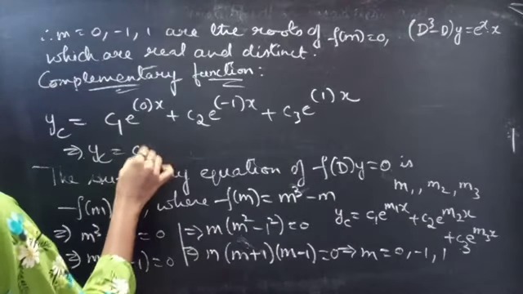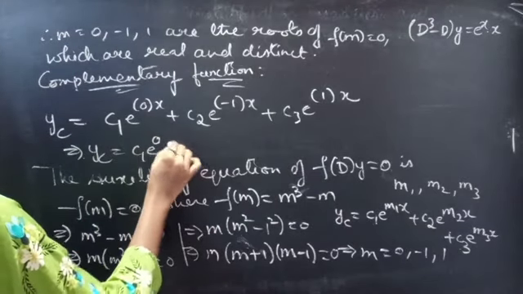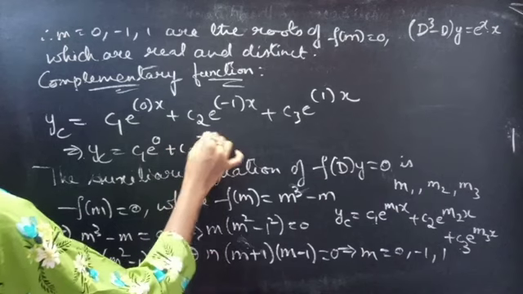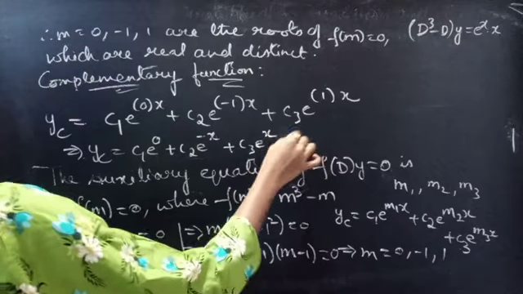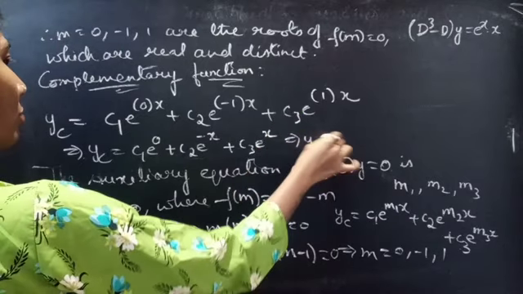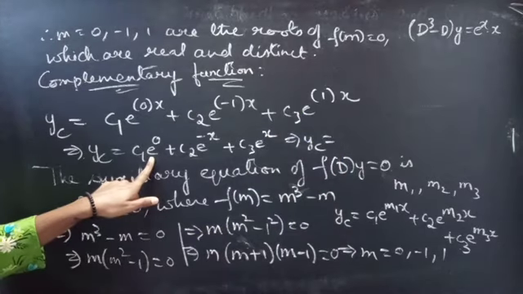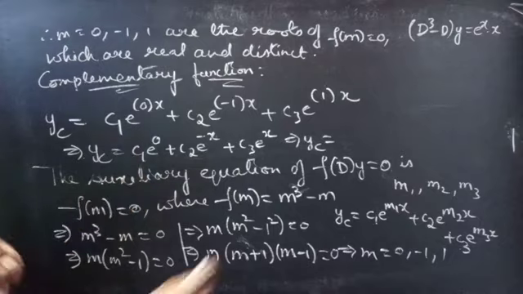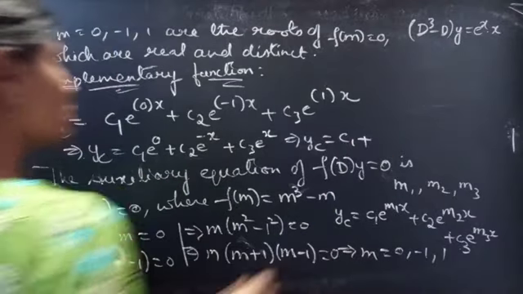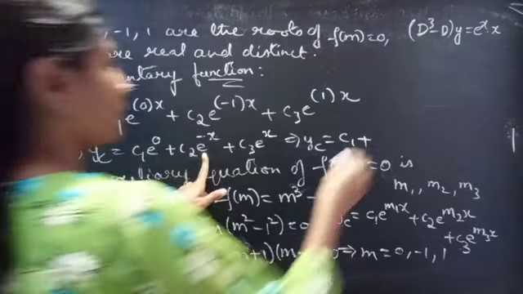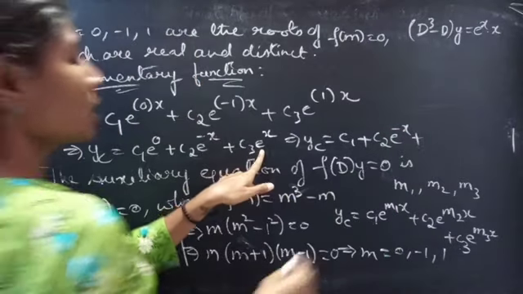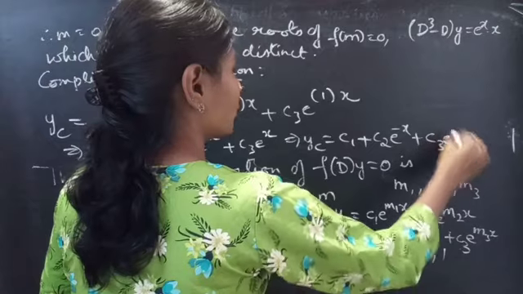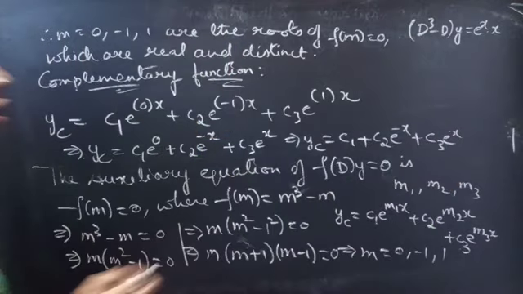Then yc becomes c1 into e power 0 into x, which is e power 0, plus c2 e power minus 1 into x, which is minus x, plus c3 e power 1 into x, which is x. We know that e power 0 is 1, so we'll get c1 into 1, which is c1, plus c2 e power minus x plus c3 e power x. So this is the required complementary function.